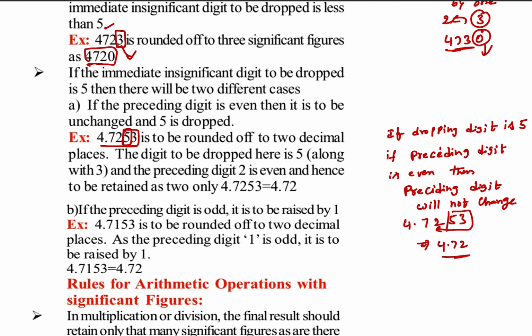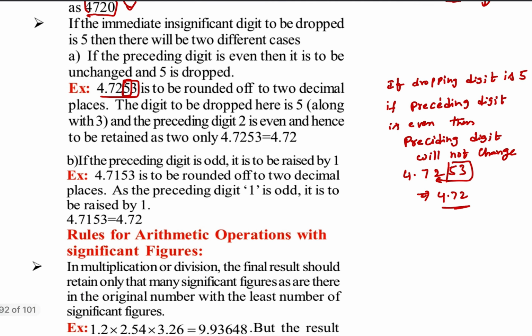In this case, 4.7253 is there. Dropping digit is 5. Now the preceding digit is even. So we can write it as 4.72 for 2 decimal places.